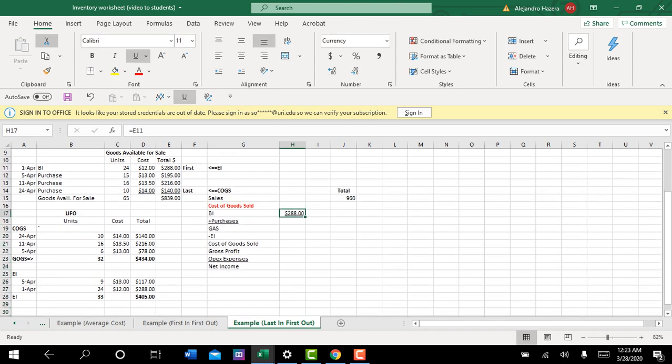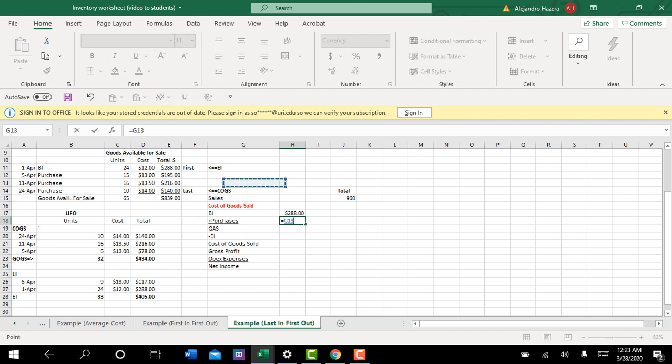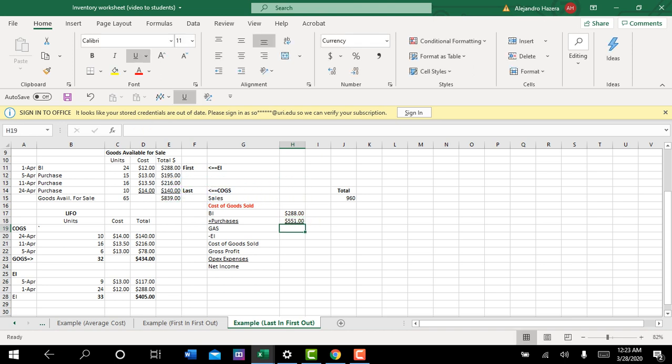So our 3 purchases are equal to the April 5th purchase plus the April 11th purchase plus the April 24th purchase for $551. So once again, goods available for sale is equal to beginning inventory plus purchases, which gives you $839.